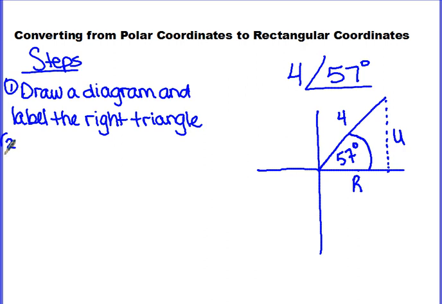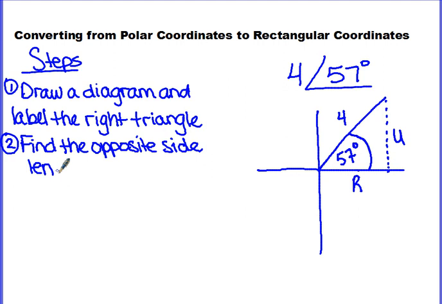Step 2, we're going to find the opposite side's length, using our trig function. Anytime we're finding the opposite side, we're going to use the function sine. So let's look at finding our opposite side. Opposite of 57 is u, and we know we're going to use the sine function.